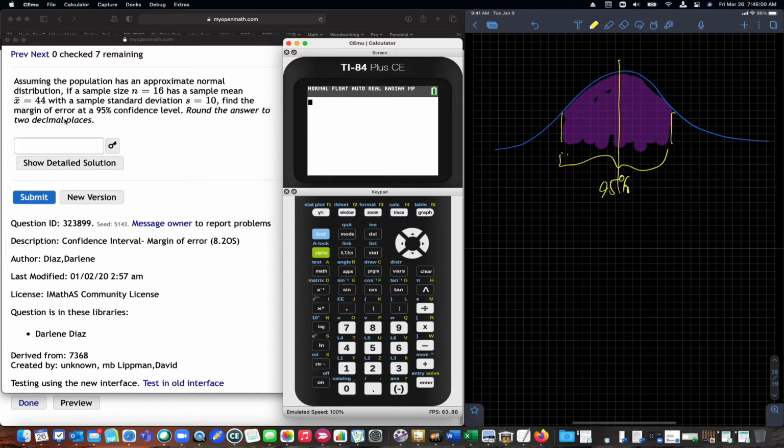Now the error bar, or the margin of error, is this mu, or the mean, plus or minus this amount. That's our error bar. So really what we're trying to find is this mu plus or minus. This is the minus the error, and this is the plus the error. And I mentioned that yesterday.